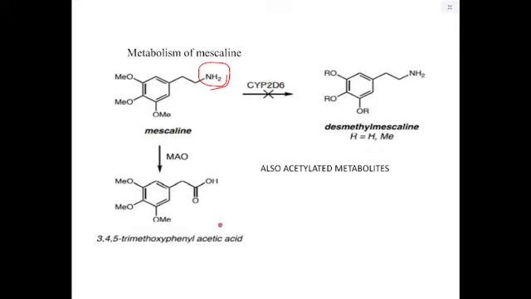So the main route of metabolism of mescaline, which we have said is a naturally occurring compound, so that means if you're not careful, for those people who collect food from the bush, if you're not careful, you could pick some of these plants, and that is how their poisoning actually occurs when they are eaten by mistake, at times perhaps of hunger, and people are looking for food in the forests.